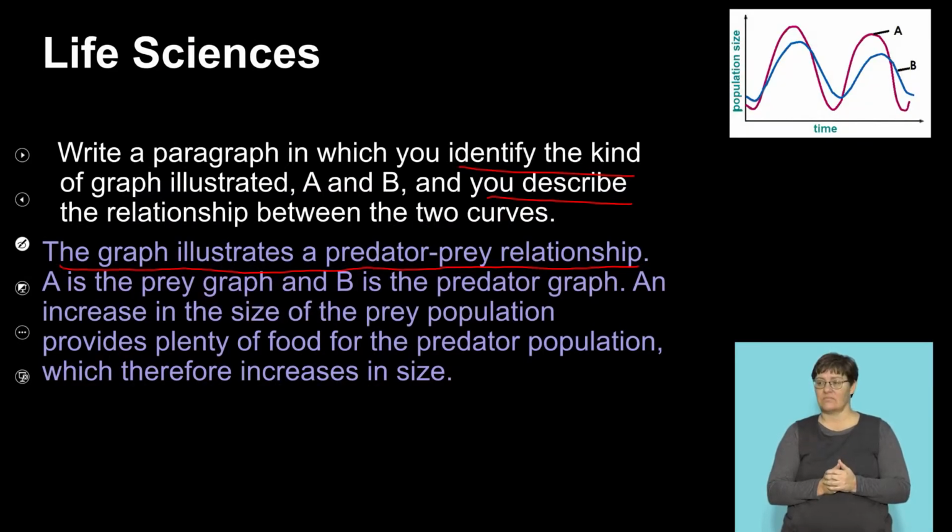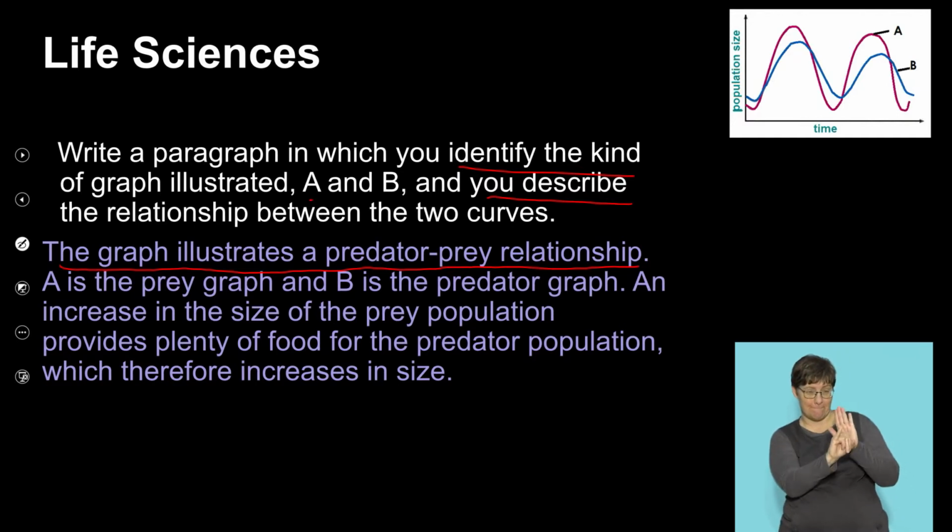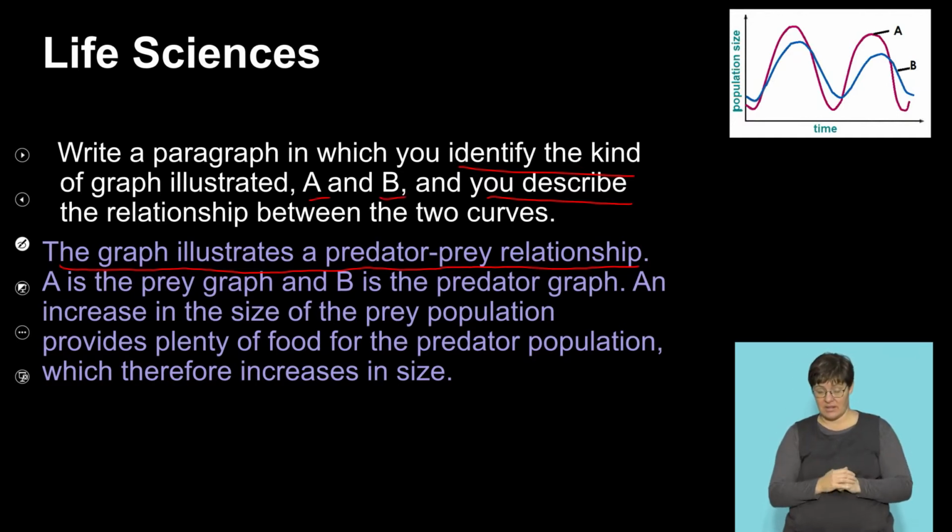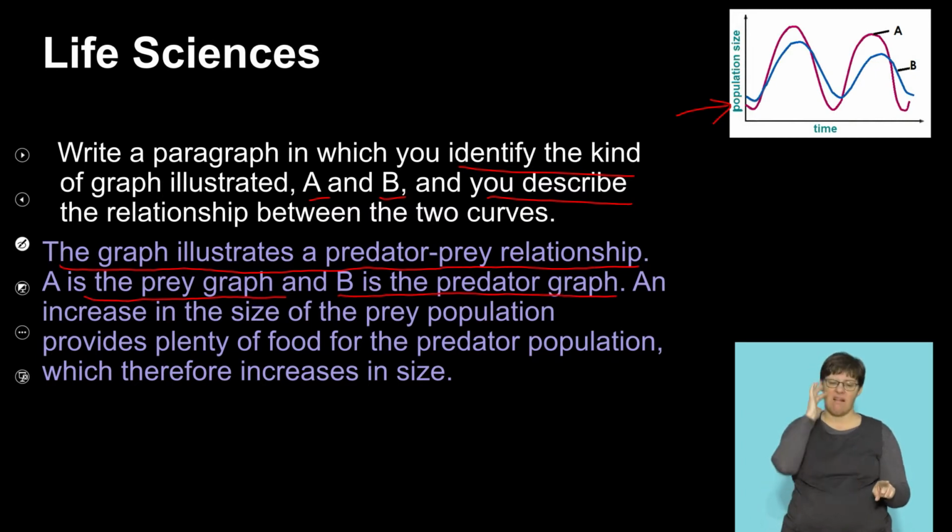Because we were asked to identify A and B, A is the prey graph, right? So we can see A, the pink graph up there, that shows us the population of the prey, and B is the predator graph. So the blue one is the predator graph. Now we also have to describe the relationship between the two curves.